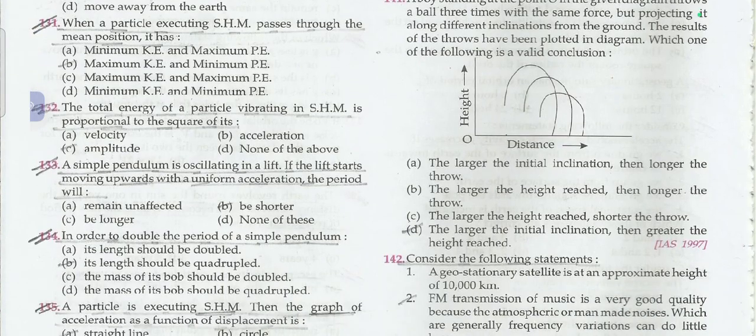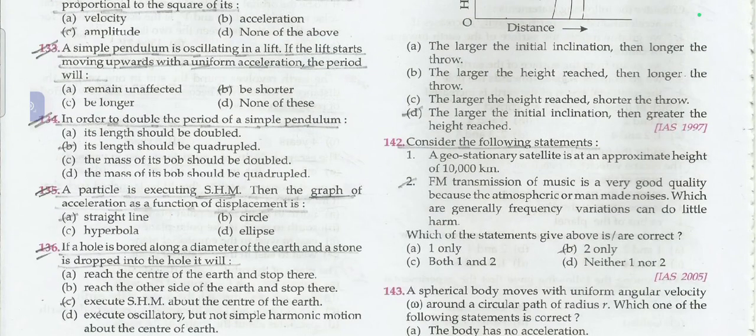A simple pendulum is oscillating in a lift. If the lift starts moving upward with a uniform acceleration, the period will be shorter. In order to double the period of a simple pendulum, its length should be quadrupled, 4 times.